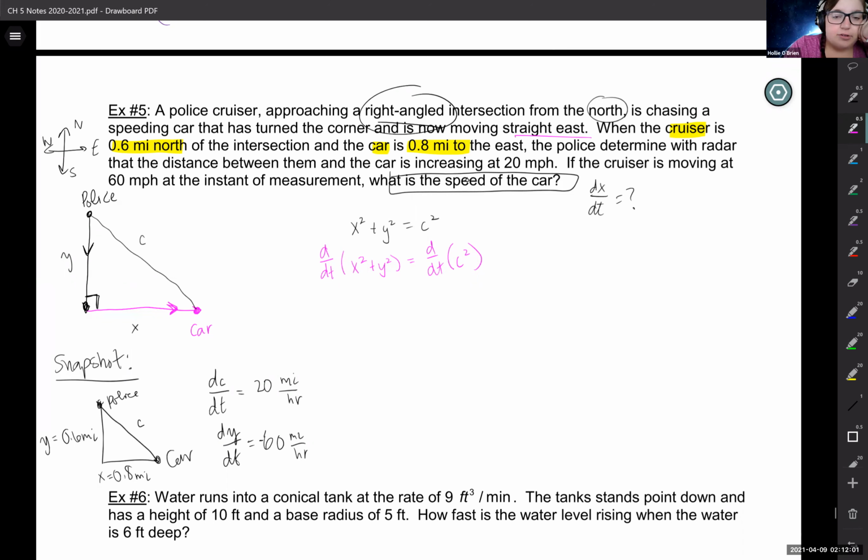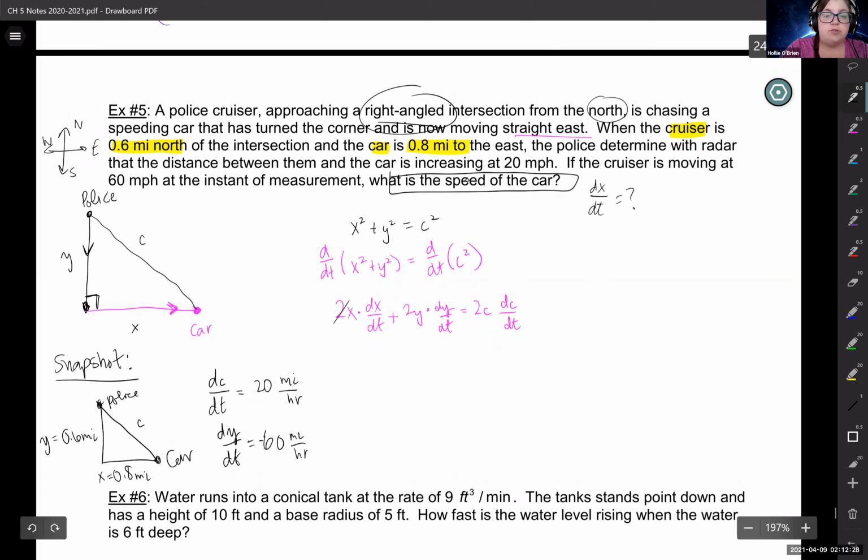Okay, so go through, use the power rule for every single term. So we have 2x times dx dt plus 2y times dy dt equals 2c times dc dt. This probably seems familiar, hopefully, because we did a Pythagorean theorem problem before in the previous page.